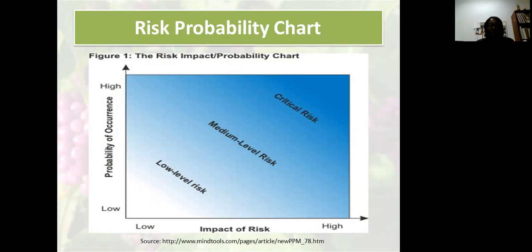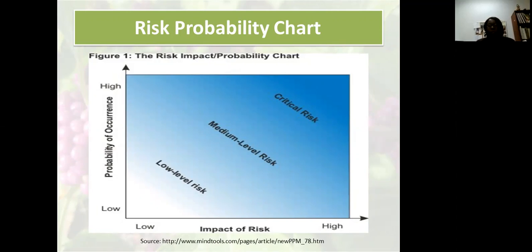So on the y-axis, you have the probability of occurrence. So what's the likelihood of a risk occurring? It ranges from low to high. And then on the x-axis, you have the impact of the risk or the severity of the risk. And that also ranges from low to high.